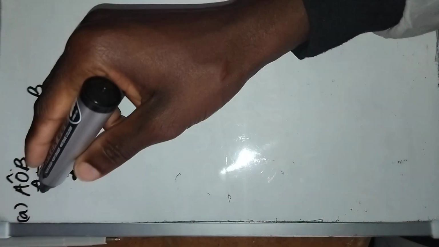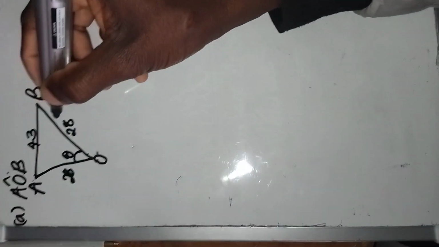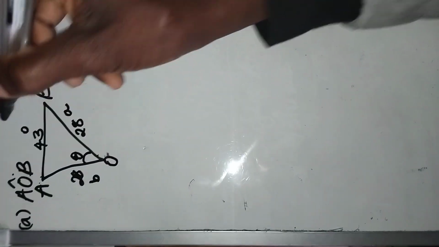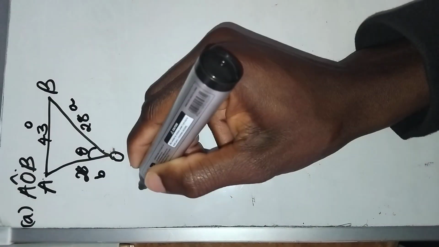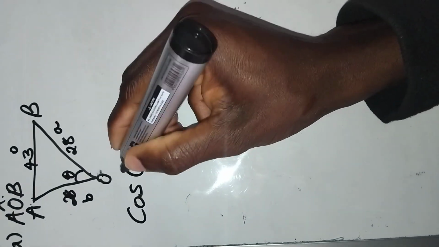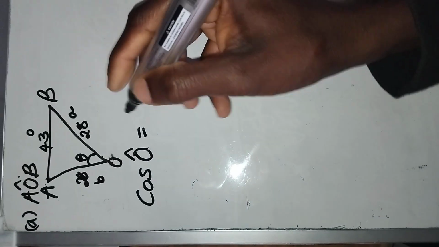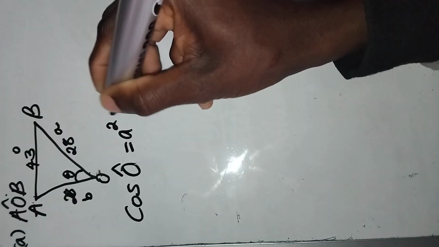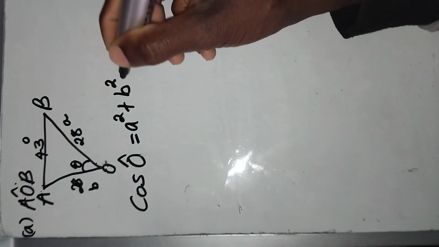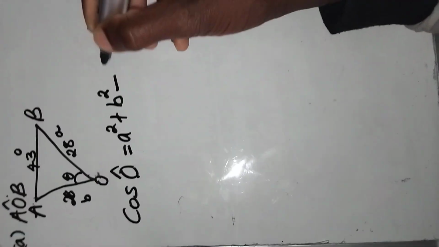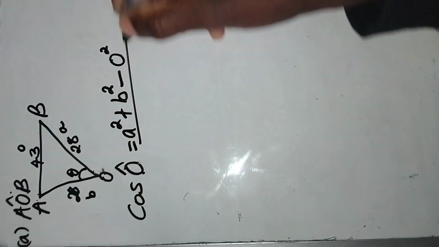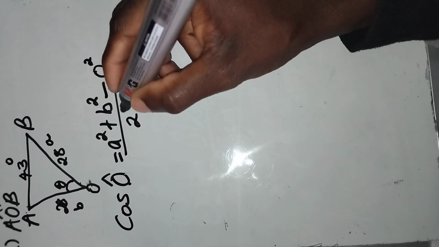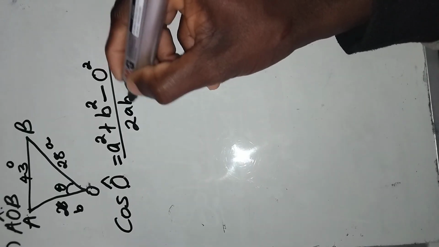First let us name the opposite sides: this is a, this is b, this is o. So cos O is equal to a squared plus b squared minus o squared, over 2ab.